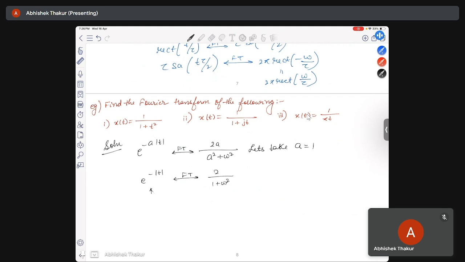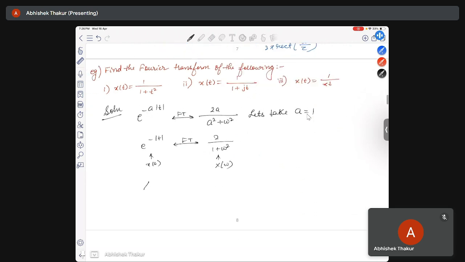So let's suppose this is our x(t) and this is our X(ω). Now the Fourier transform of capital X(t) will be 2π x(−ω). So capital X(t) is 2 by (1 + t²). So this will have the Fourier transform 2π e^(−|ω|).